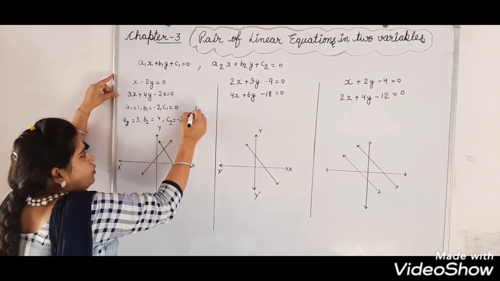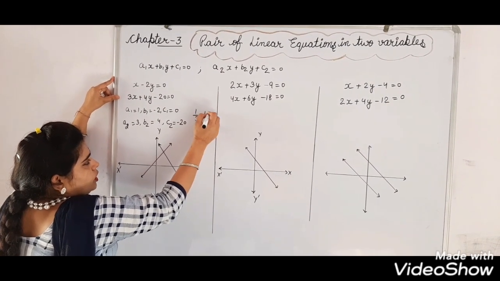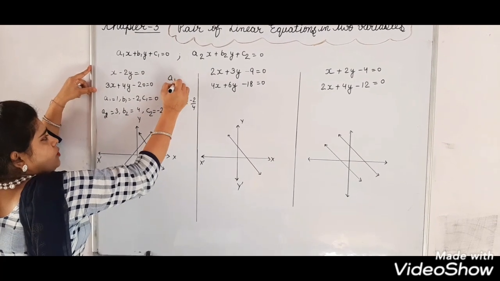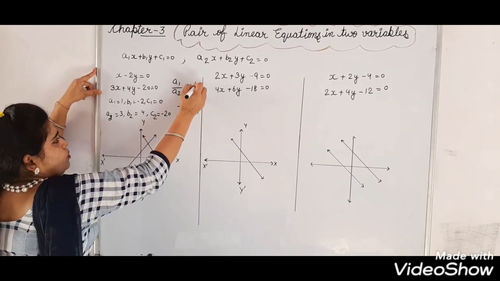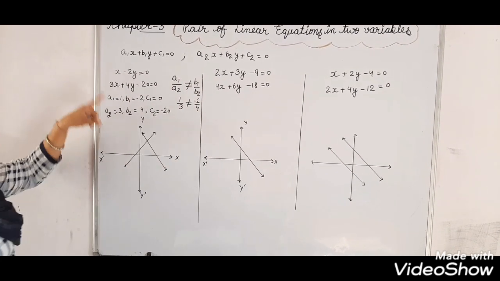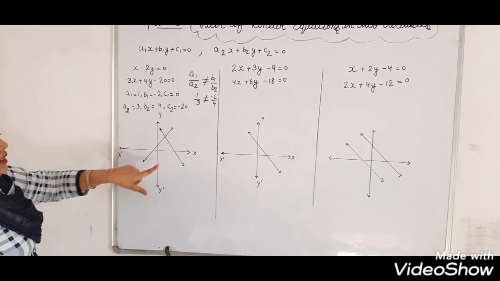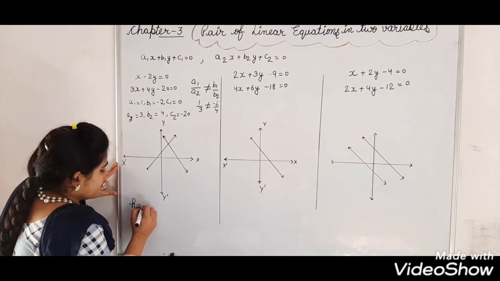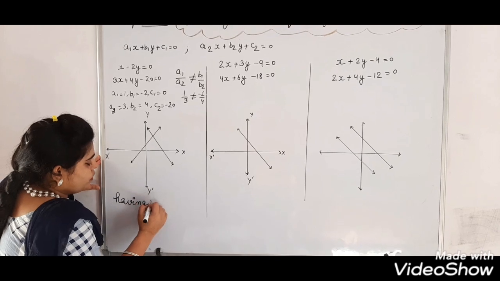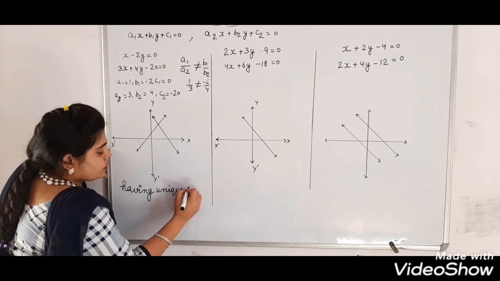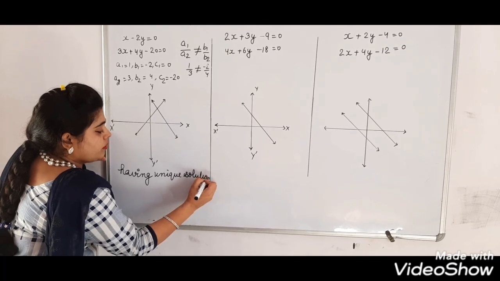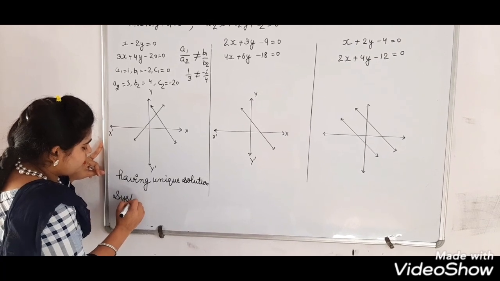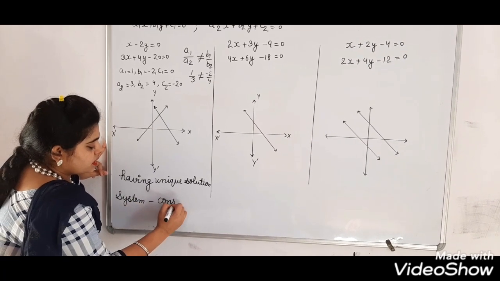So 1 by 3 not equal to minus 2 by 4, means when a1 by a2 is not equal to b1 by b2, then by graphical methods lines are intersecting and having a unique solution, means they will have only one solution and the system will be consistent.